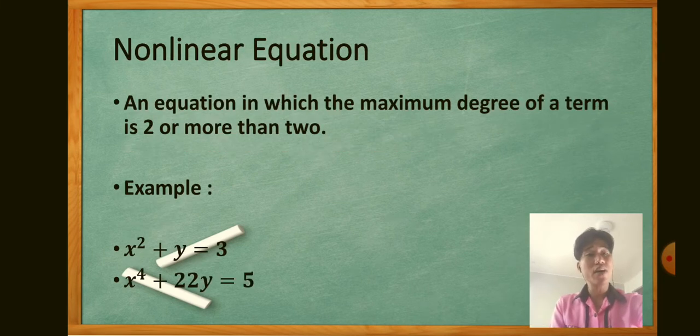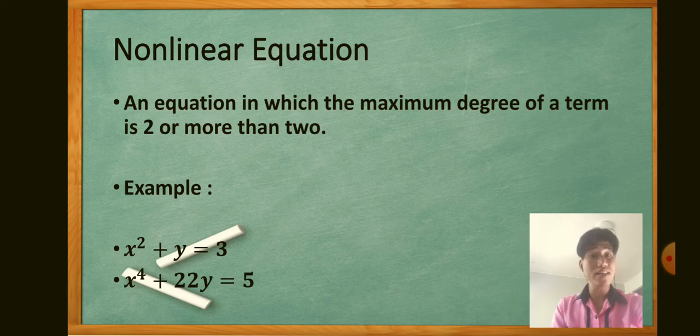A nonlinear equation is an equation where the maximum degree of a term is 2 or more than 2. So if the degree of the equation is 2 or more, it is a nonlinear equation. For example, x squared + y = 3.